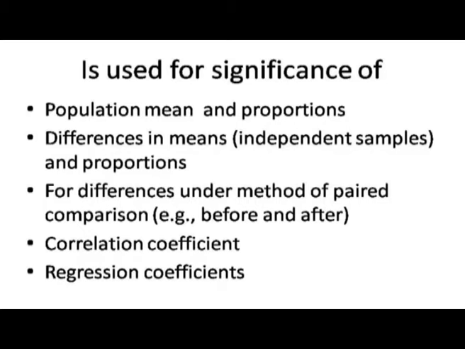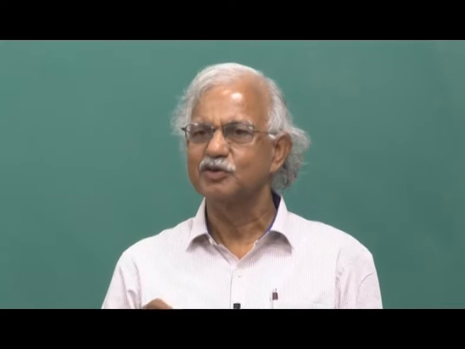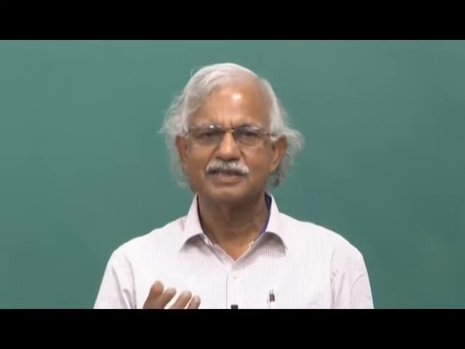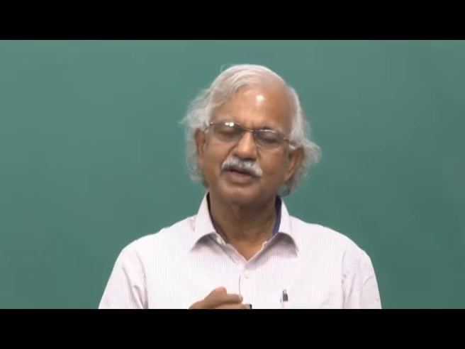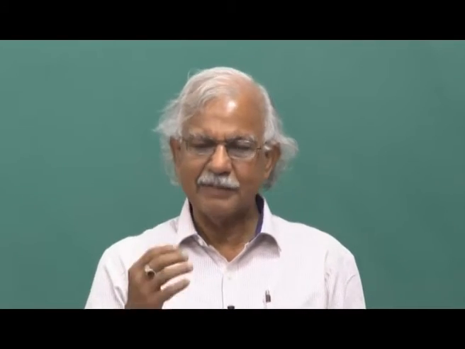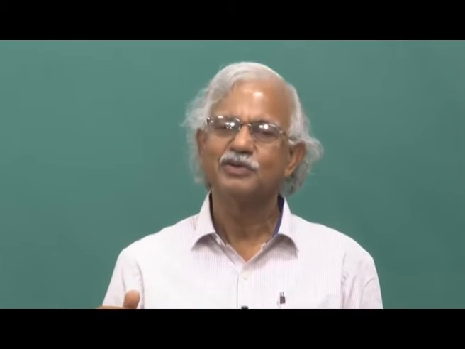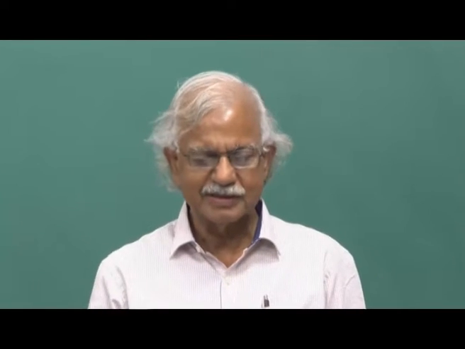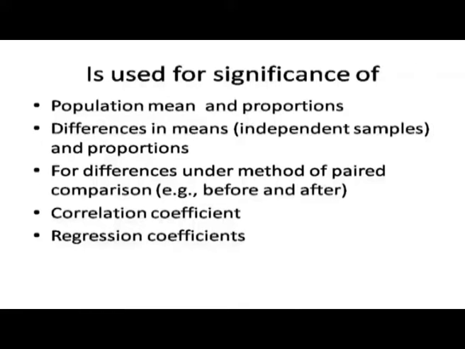For testing mu equal to mu 0 or for testing that pi is pi 0, or that capital P takes a particular value, say p 0 or p is 0.5 or p is 0.7. For those kinds of hypotheses, t-test can be used. When you are testing that the value of mean or value of proportion in the population is this.